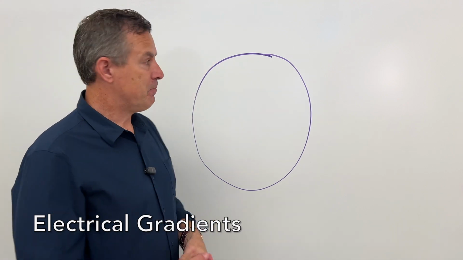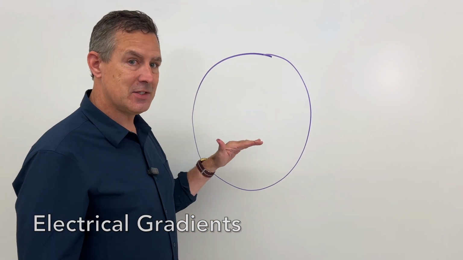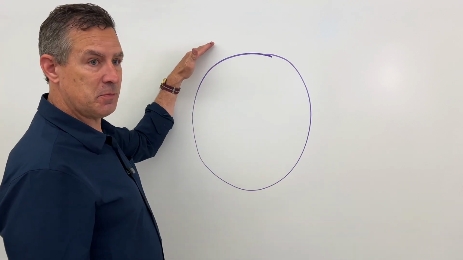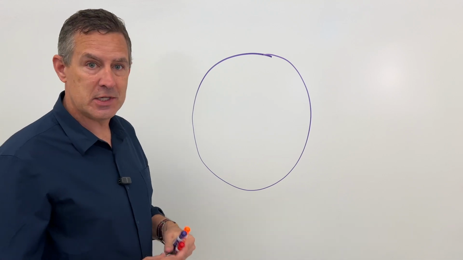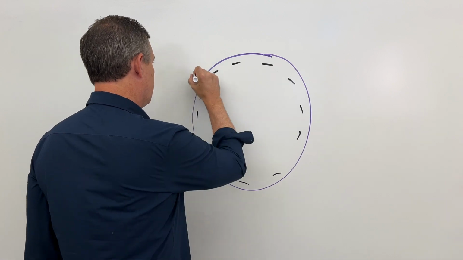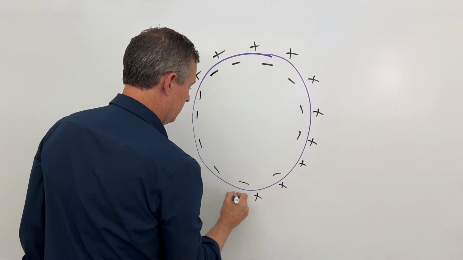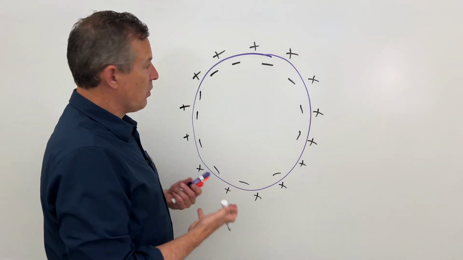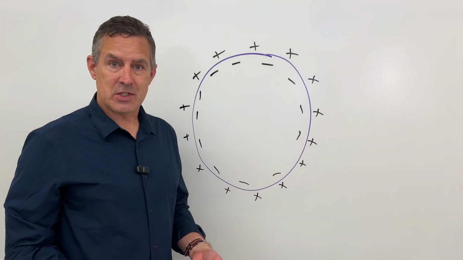That is to say, the interior of a resting cell tends to be negative, and the exterior tends to be positive, and we will draw it something like this.